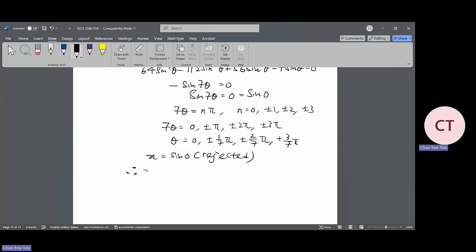So therefore your x can only be sine plus minus the pi over 7. So we have sine pi over 7, sine negative pi over 7, sine 2 pi over 7, sine negative 2 pi over 7, sine 3 pi over 7, and the sine negative 3 pi over 7.